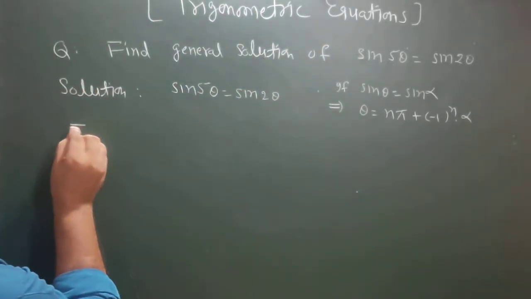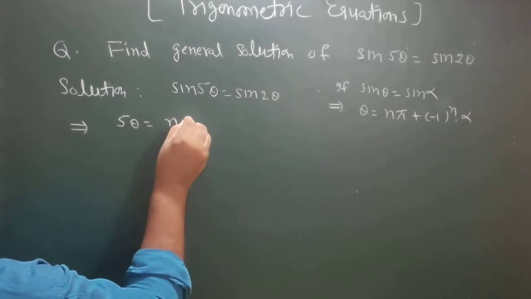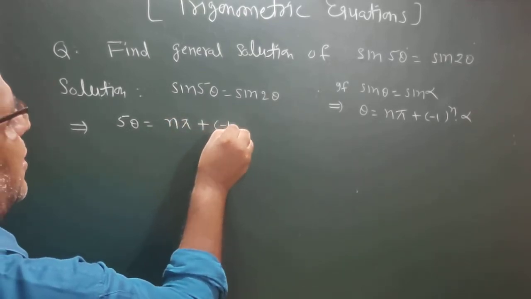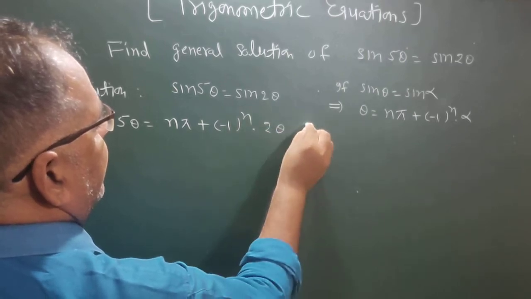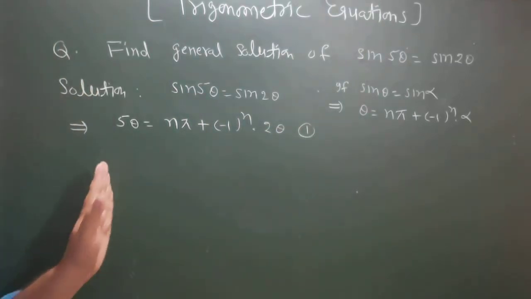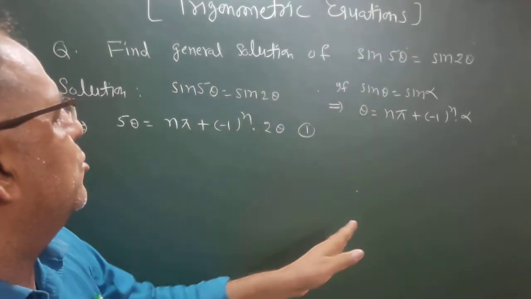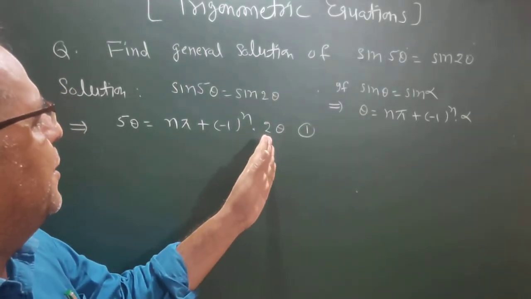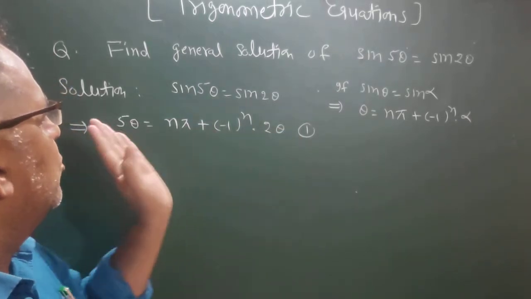So now apply this identity here. So we have 5 theta equal to n pi plus minus 1 to the power n into 2 theta. But this is not a complete solution, because the unknown angle theta is coming on the right hand side also. So we first remove it from the right hand side. We want to move 2 theta from the right hand side to the left hand side.